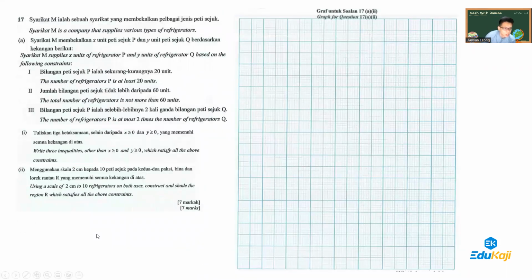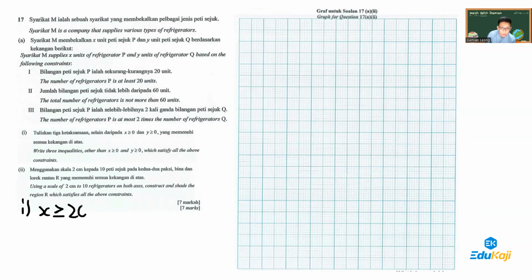Now, question 17. Part A, A1. For this kind of question, we always want to write out the inequalities. The inequalities will be based on each of these three conditions. The first condition, the number of refrigerator P is at least 20 units. So X is at least 20.